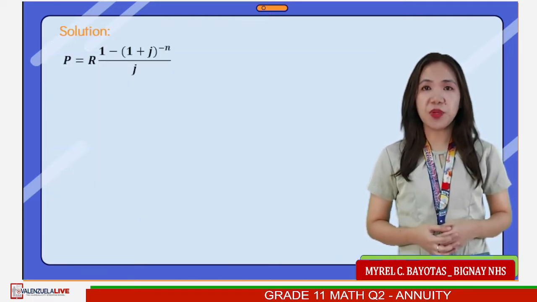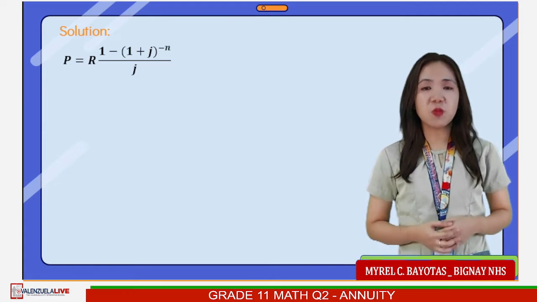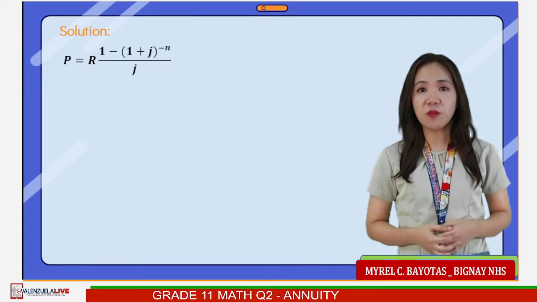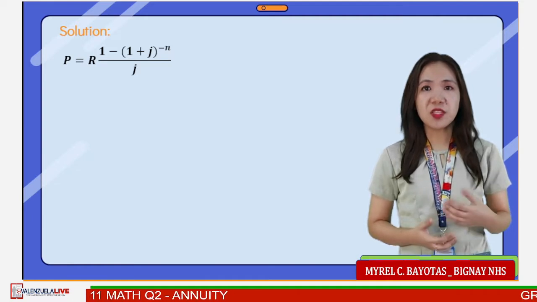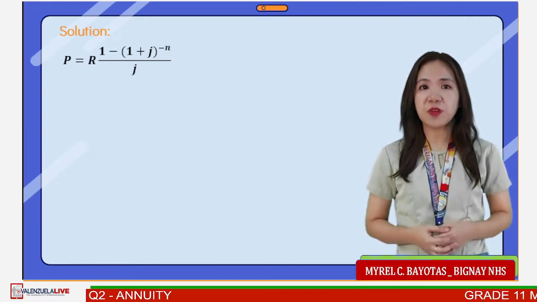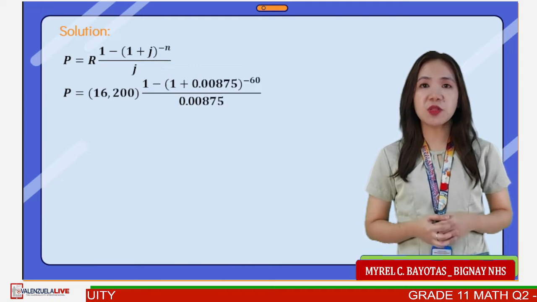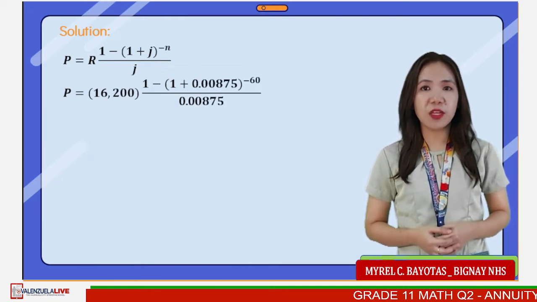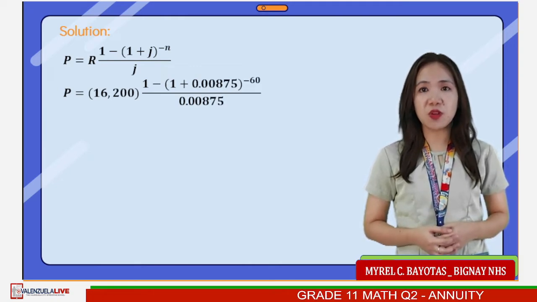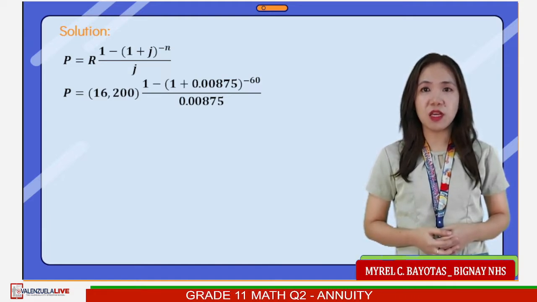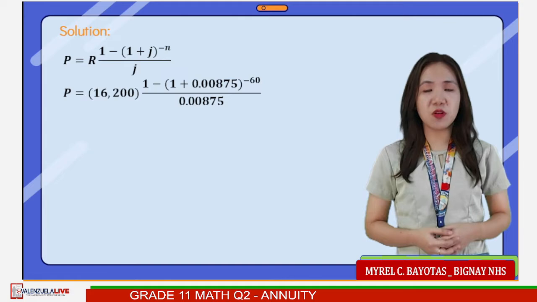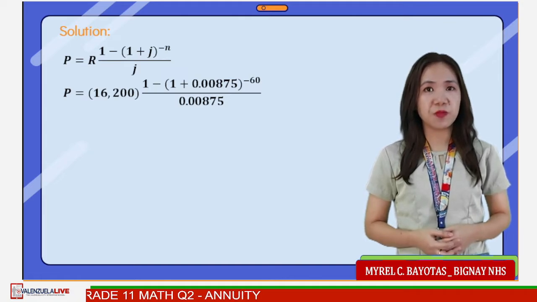Using the formula P equals R times 1 minus the quantity of 1 plus j raised to negative n all over j. Let's substitute. We have P equals 16,200 times 1 minus the quantity of 1 plus 0.00875 raised to negative 60 all over 0.00875.